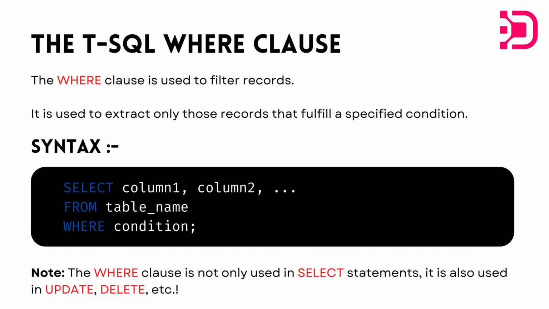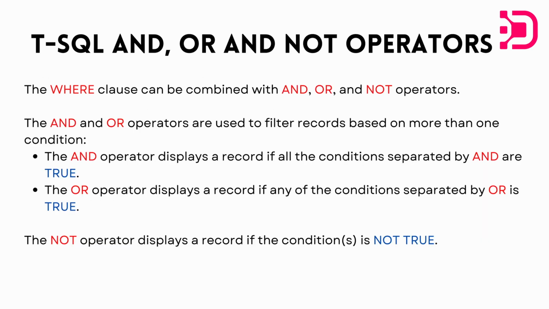And in the last video of the where clause, we had looked at only using one specific condition when filtering our data, but that would not suit our practical requirements. So in order to use multiple conditions, that is where these AND, OR, and NOT operators come in.